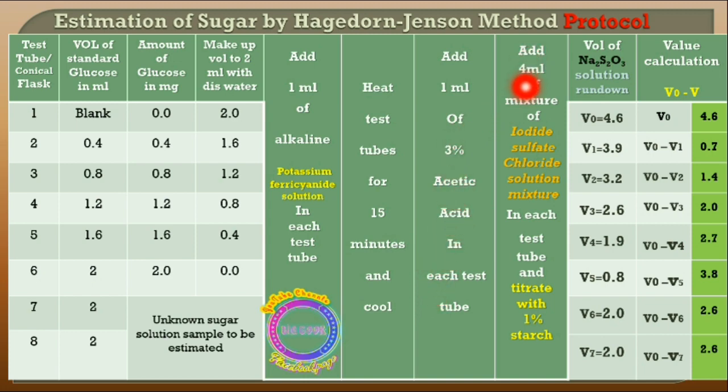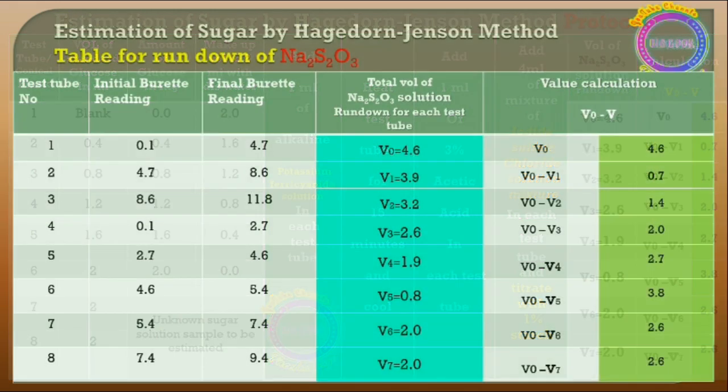Then we add 4 ml of the iodide, sulfate, chloride solution mixture in each test tube, and further titrate the liberated iodine against the sodium thiosulfate. Again, these particular columns we will discuss after the next slide, because we have taken these volumes and the formulas from the next slide.